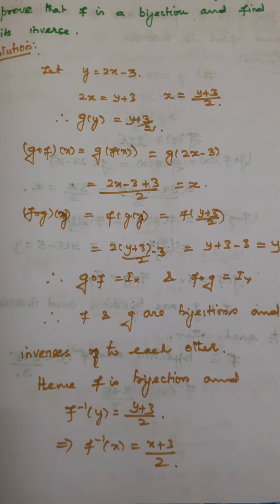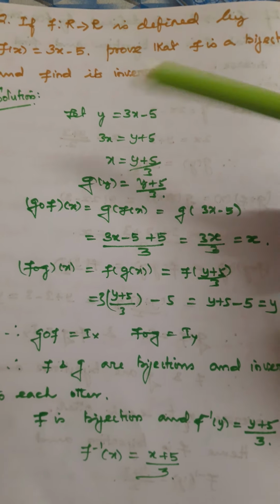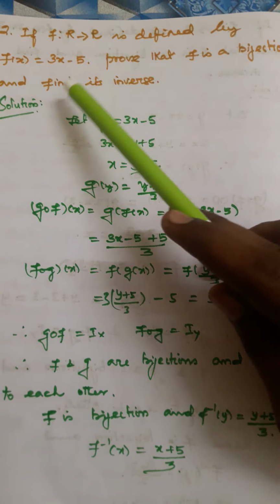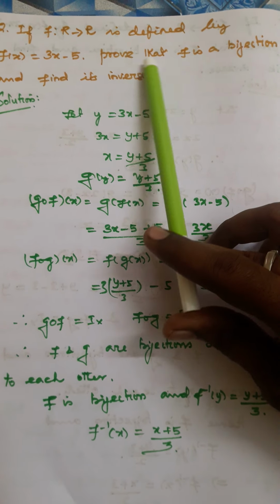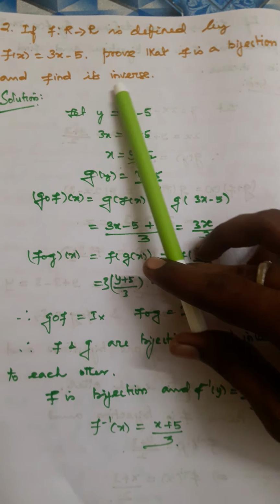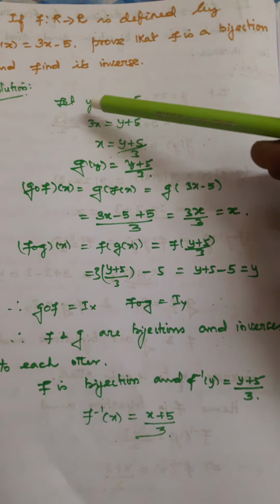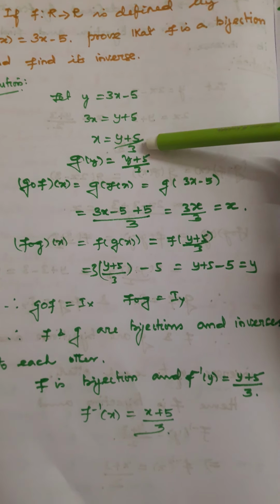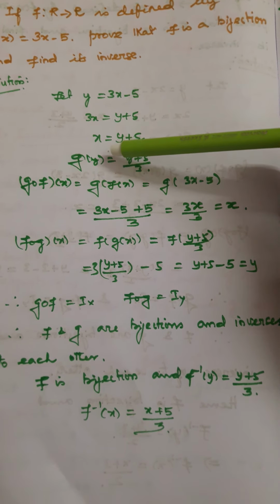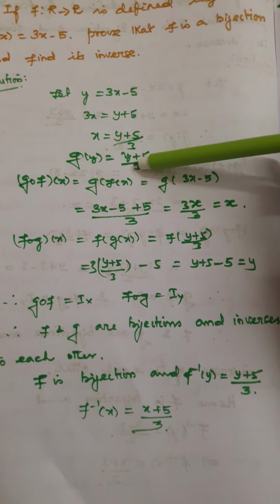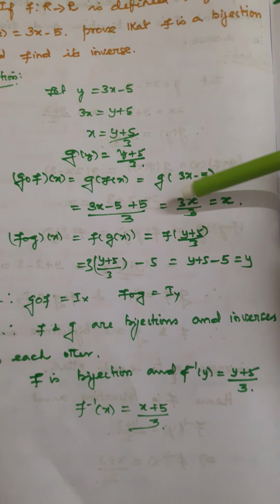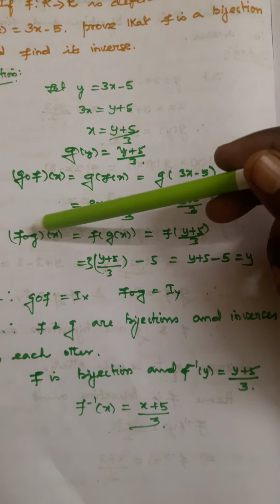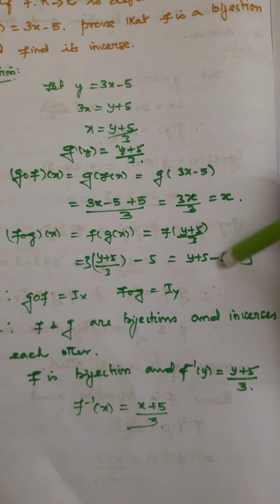We will continue with one more question. Again, f from R to R is defined by f of x equal to 3x minus 5. Prove that f is a bijection and find its inverse. Similar question. So y is given, I am finding x equal to y plus 5 by 3. So g of y is y plus 5 by 3. Find g composite f, you have the answer. f composite g, that also you have the answer.